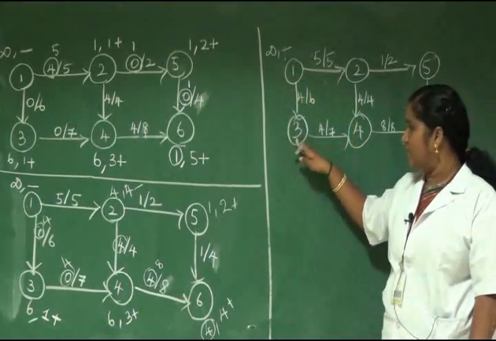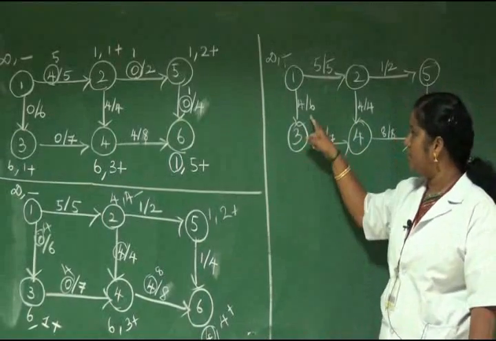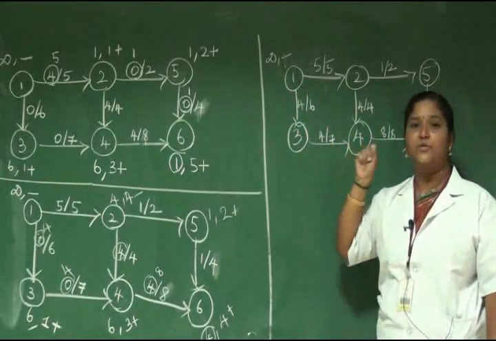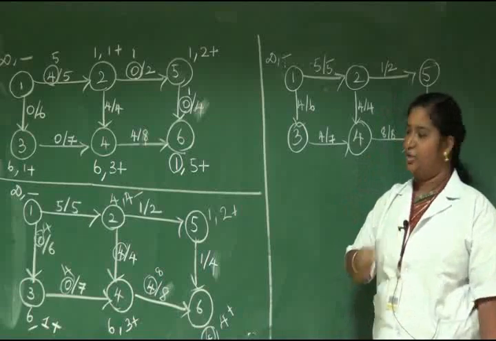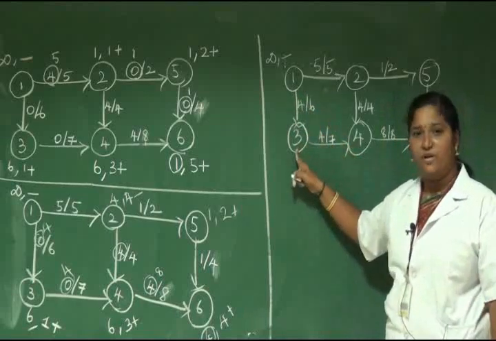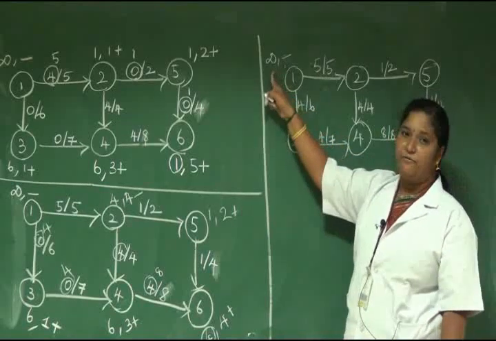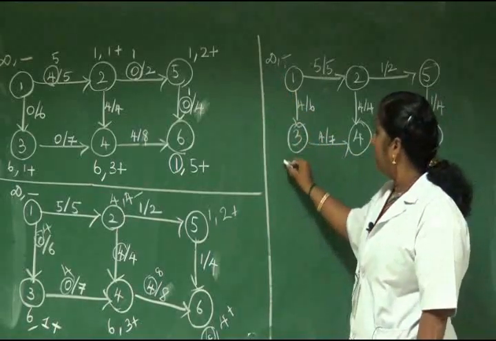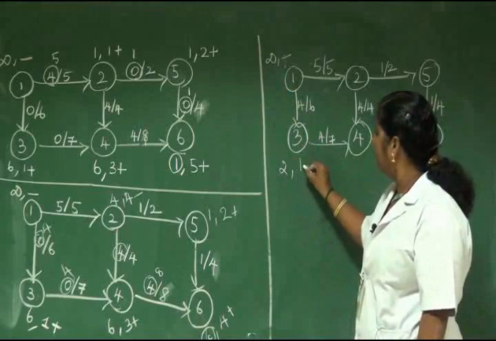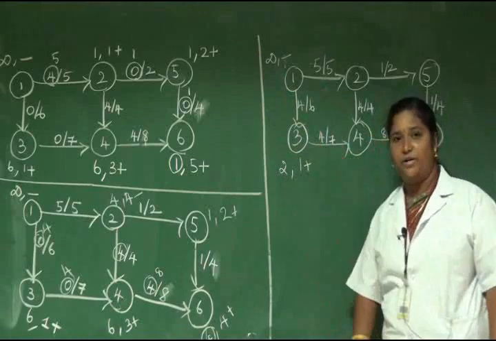Anyway, from 1 you can go to 3 by means of a forward edge, since this remaining capacity 6 minus 4 is equal to 2 is greater than 0. So from 1 you can go to vertex 3. So remaining capacity is 2. Minimum between 2 and infinity is 2. So the label of vertex 3 is 2 comma 1 plus, since you are using a forward edge.